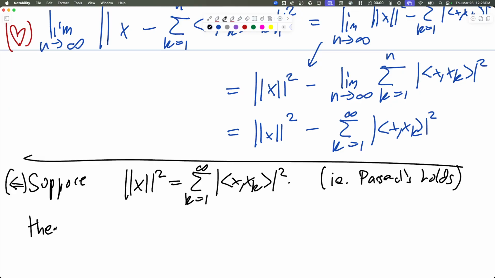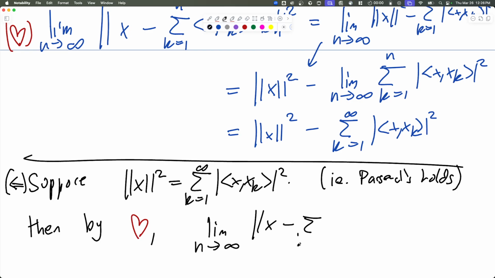Then by heart, the limit as n goes to infinity of the norm of x minus the sum k equals 1 to n of xk, squared, equals 0, because in general it's equal to this thing, and if this thing is 0, then that limit is 0.